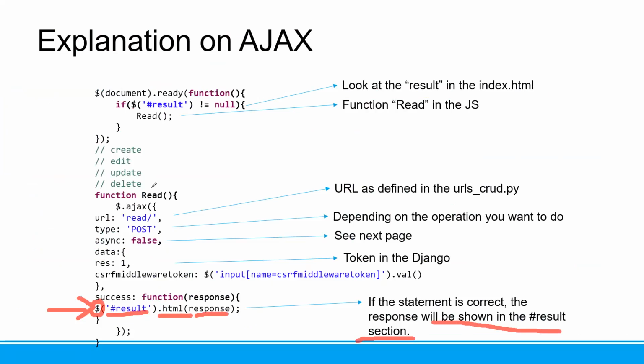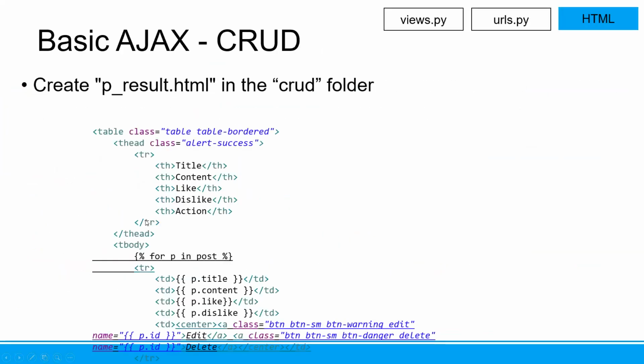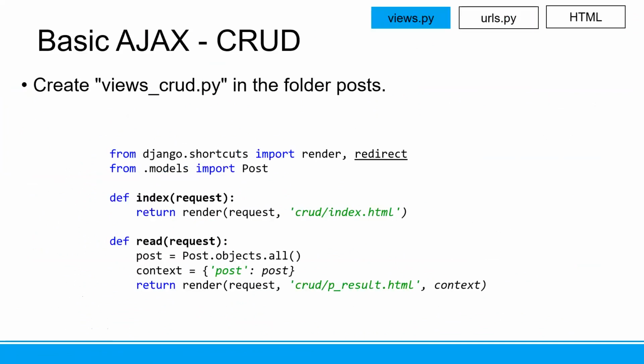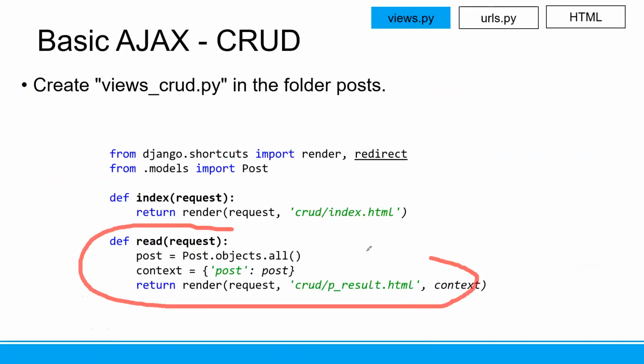So this function is a read function. What is this read? The read we already declared. In the read function, we want to check all the objects from hosts, and then we put the data in the host.